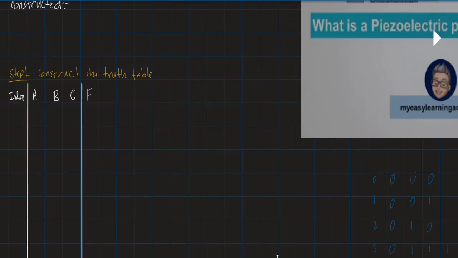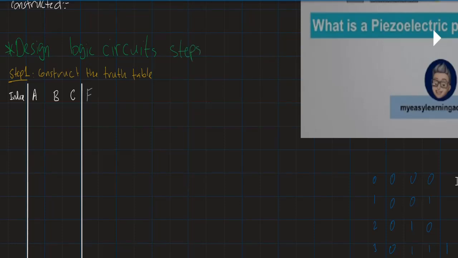And these steps, to be more specific, are to design a logic circuit. So this is what we are doing, designing logic circuits, steps.